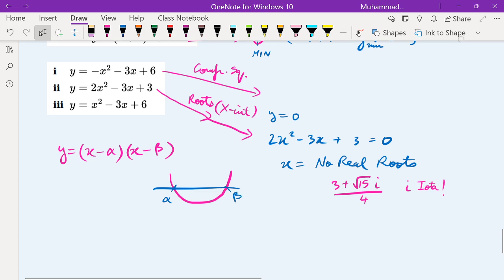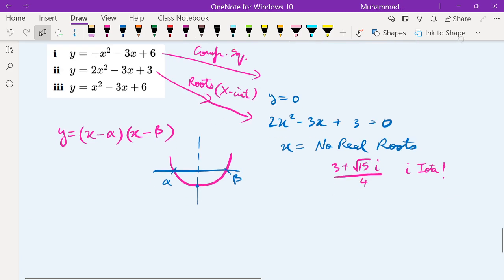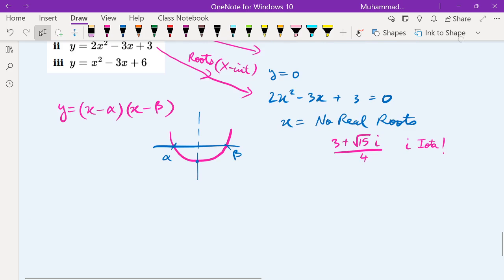So in a factorized form, when you know the roots, the vertex actually lies on the line of symmetry, and that line of symmetry happens to be exactly halfway between alpha and beta, the roots. So to find the equation of the line of symmetry, you take the average, alpha plus beta by 2. Remember that?